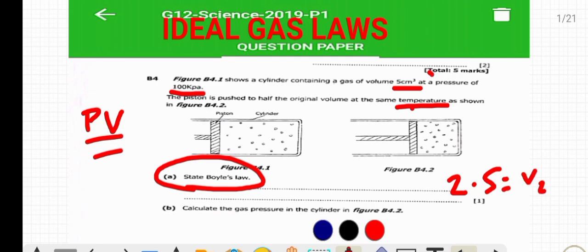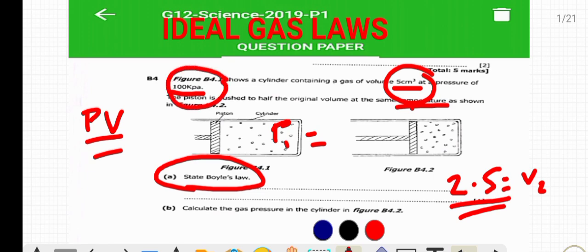V1 is 5, V2 is 2.5. The units, of course, carried. Then the initial pressure P1 is equal to 100 kilopascal.